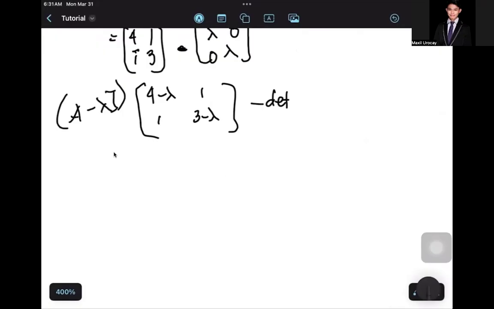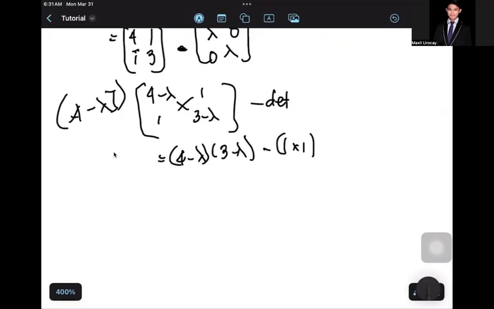The determinant for this one is definitely (4 minus lambda) multiplied by (3 minus lambda), then of course minus 1 times 1, since that is cross multiply as we did. Now we have to simplify that.